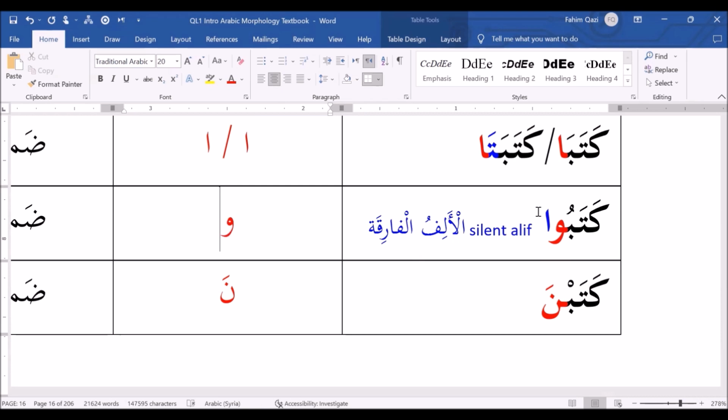You can think of it as the connected version of whom. And then you have the blue alif, which is technically called al-alif al-fariqah, and it is silent. This alif is silent. It's not pronounced. It's not heard. It's only written.